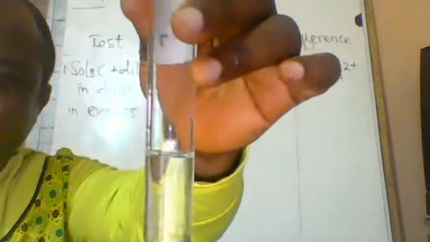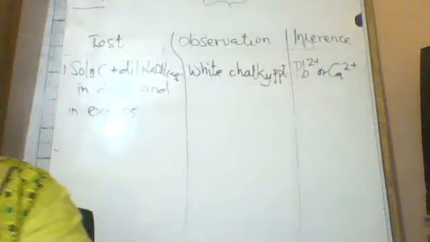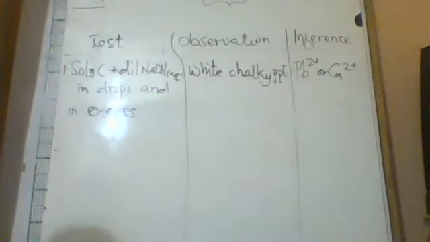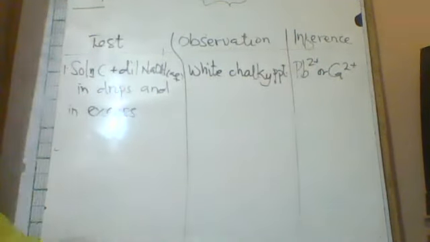What ion is in the test solution? Look. It is lead. The lead ion. You see that thing? So when you add in excess and the PPT dissolves, then lead is present.